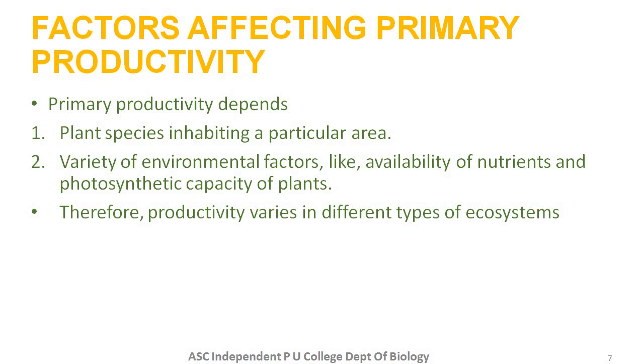So it basically depends on the plant species inhabiting a particular area, variety of environmental factors like the availability of nutrients and water, and the photosynthetic capacity of plants. Therefore, we can say that productivity varies in different types of ecosystems.